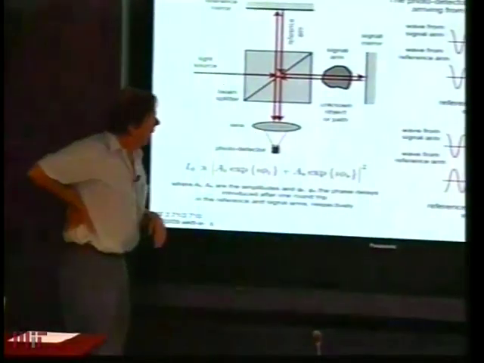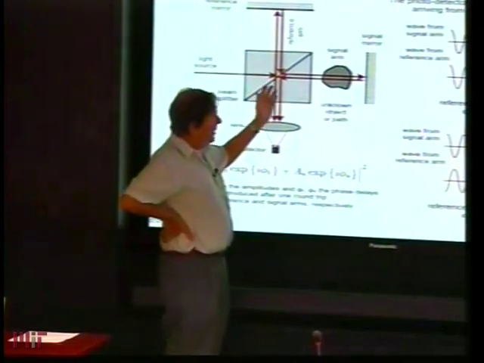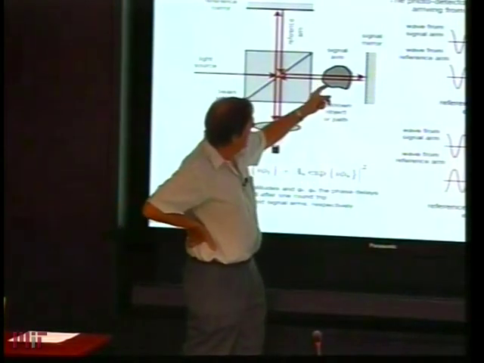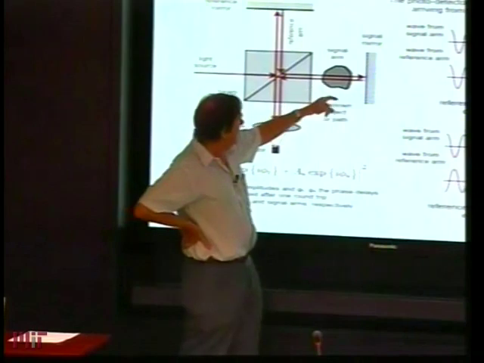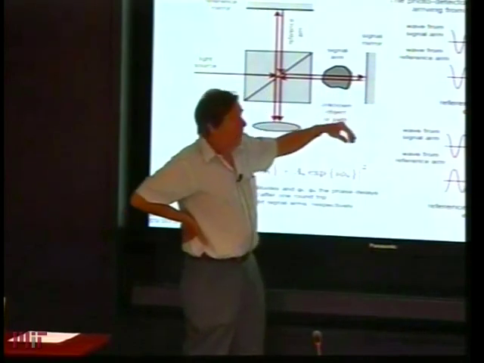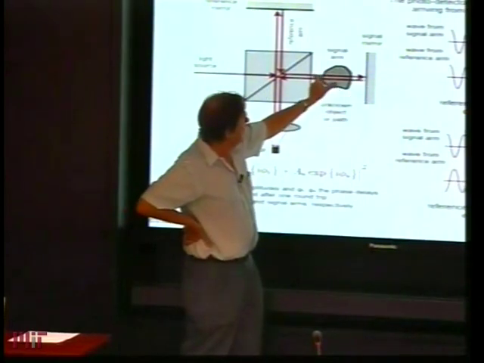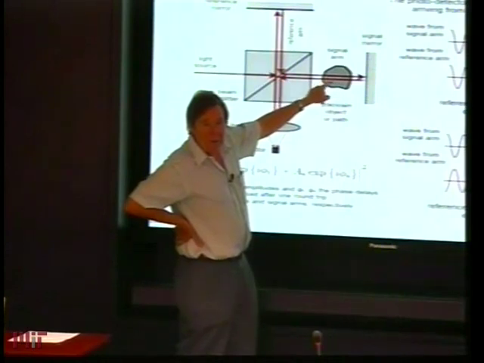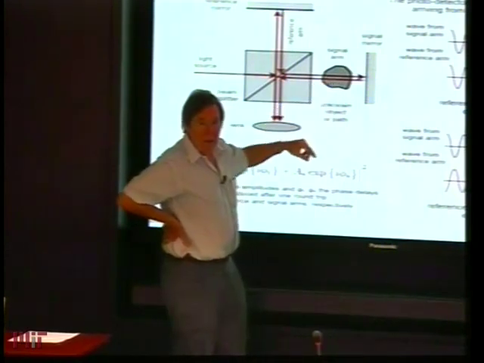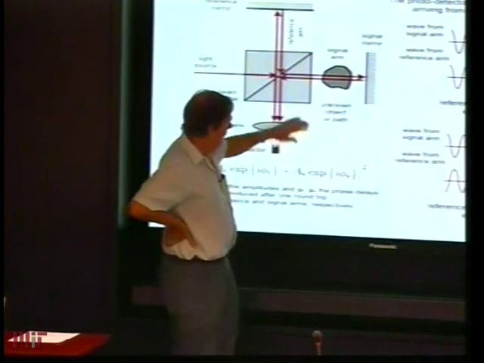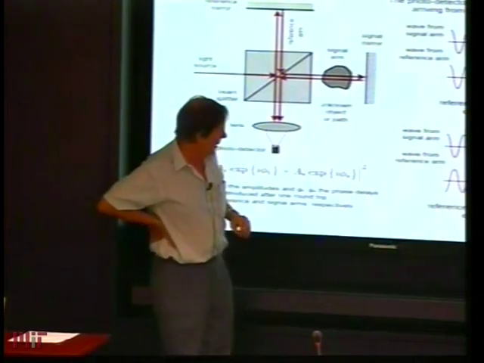So you could change the relative phase of this light by changing the position of this mirror, or the size or refractive index of this object that's in there, or the wavelength of the light, or whatever. It's going to depend on all of these things.